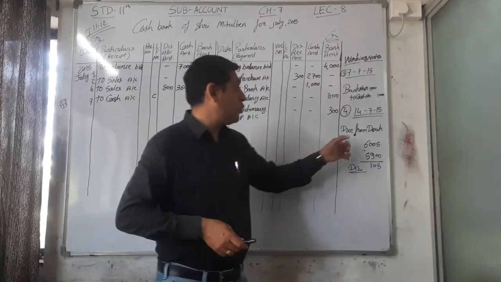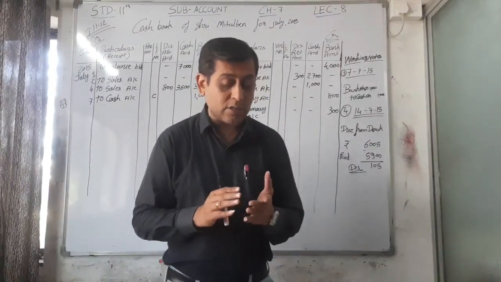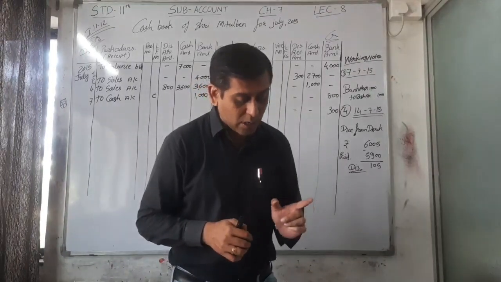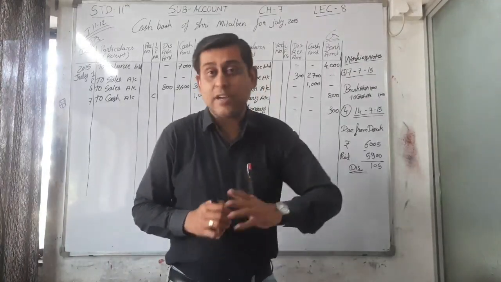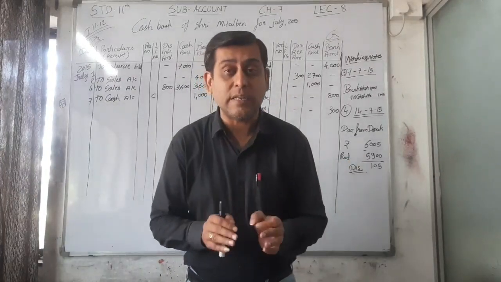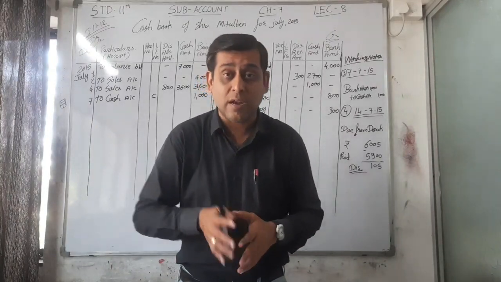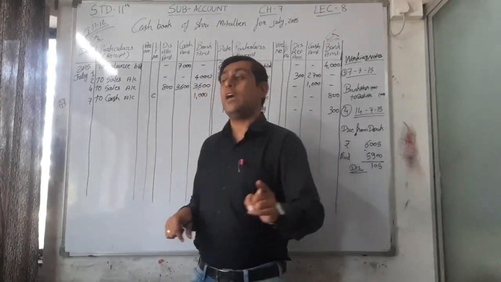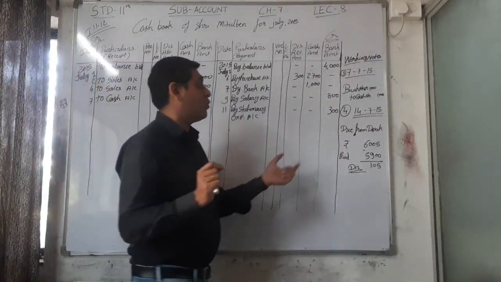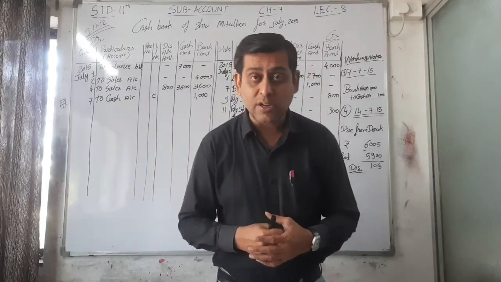Here due from Deepak is rupees 6,005, right? 6,005, and he paid us rupees 5,900 by cash. So the 105 rupees, the difference of the amounts 6,005 minus 5,900, that is 105 rupees, here it is called kasar, but we have to record it as a discount in this column in the three columnar cash book.